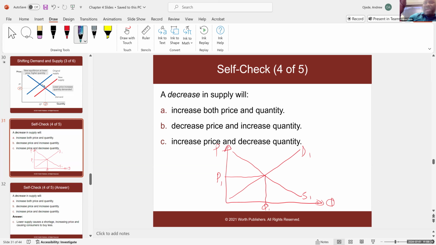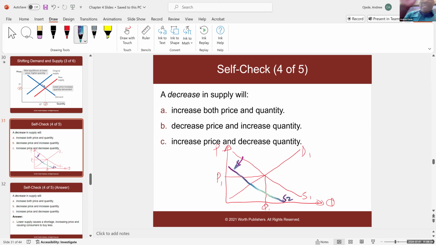A decrease in supply means the supply curve is going to shift to the left. I'm being very general. Sometimes I may be a little more specific. I could just say, suppose there's an increase in energy costs or an increase in the price of raw material goods. You know that is going to shift the supply curve to the left. It leads to a decrease in supply. And you always want to use an arrow pointing this way.